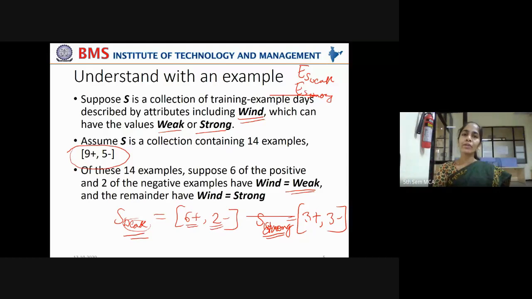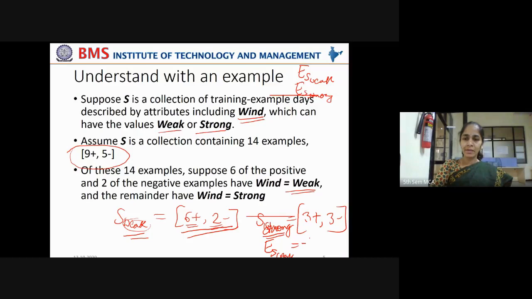How do you calculate entropy for S of weak? See this, there are 6 positive examples and 2 negative examples. What is the formula? Sigma over i of minus Pi log Pi, right? That is the formula for entropy. So when you want to calculate the entropy for S of weak, how do you calculate that?